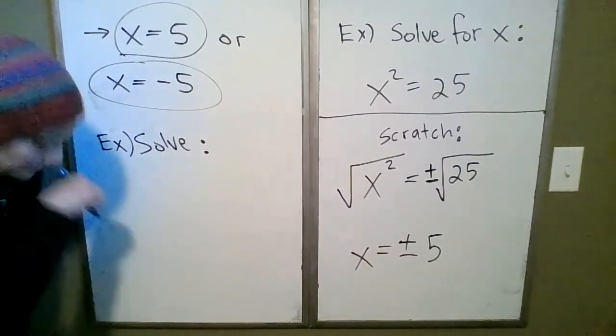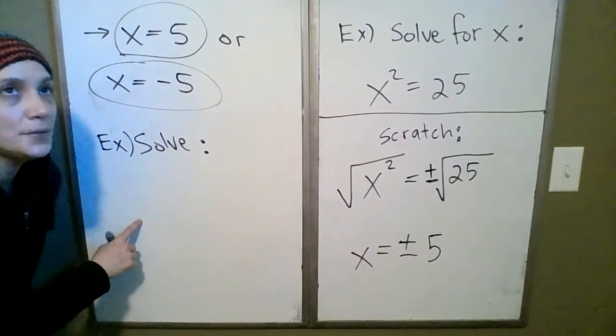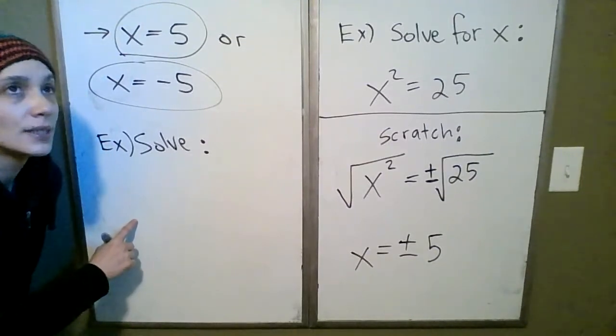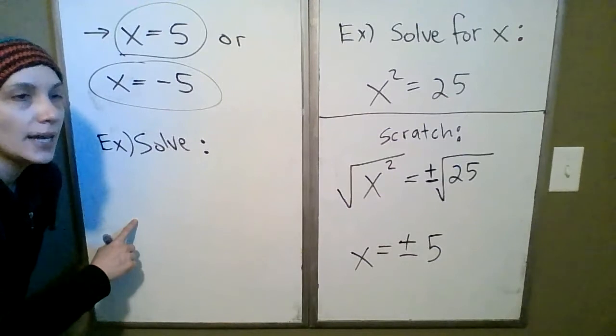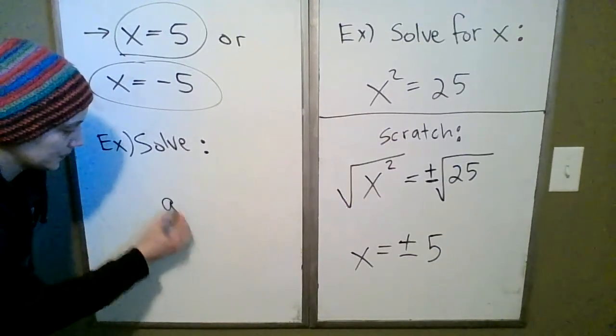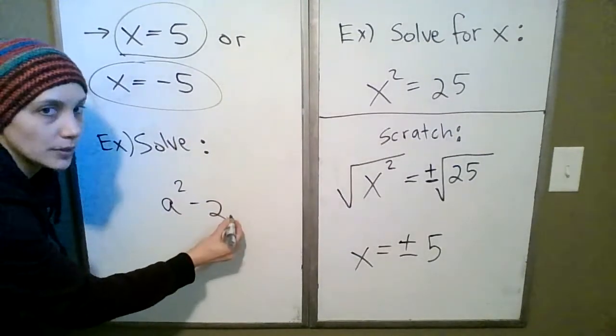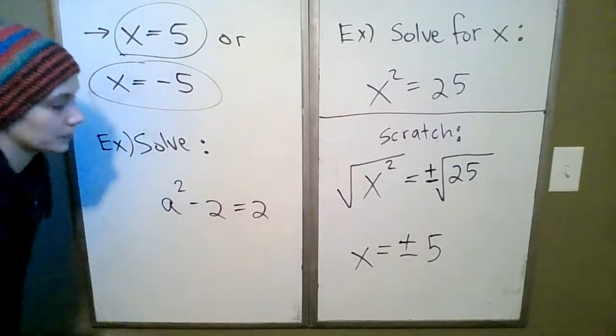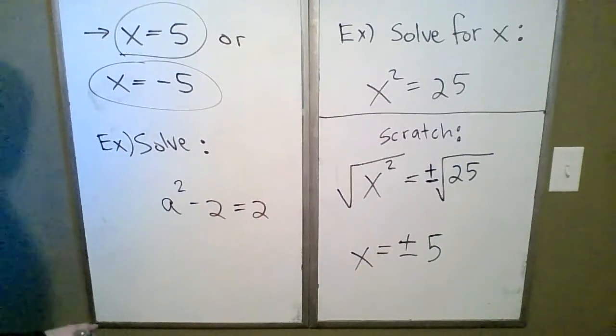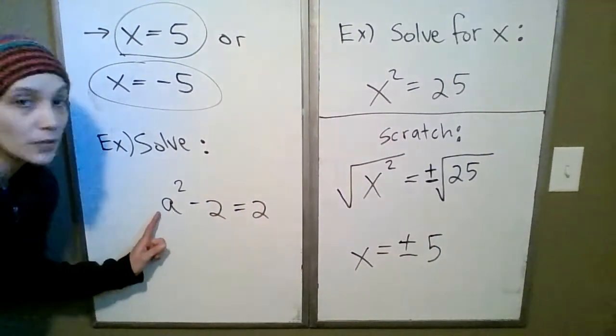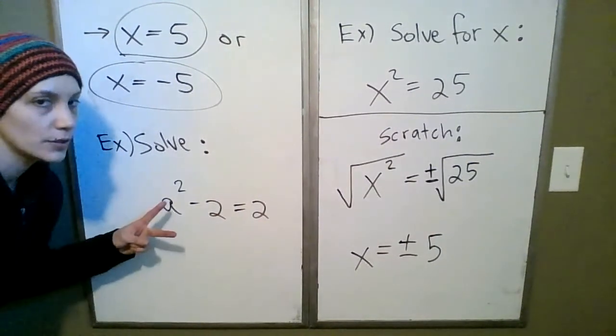Okay, we'll have a squared minus 2 equal to 2, solving for a, and we're going to get two solutions.